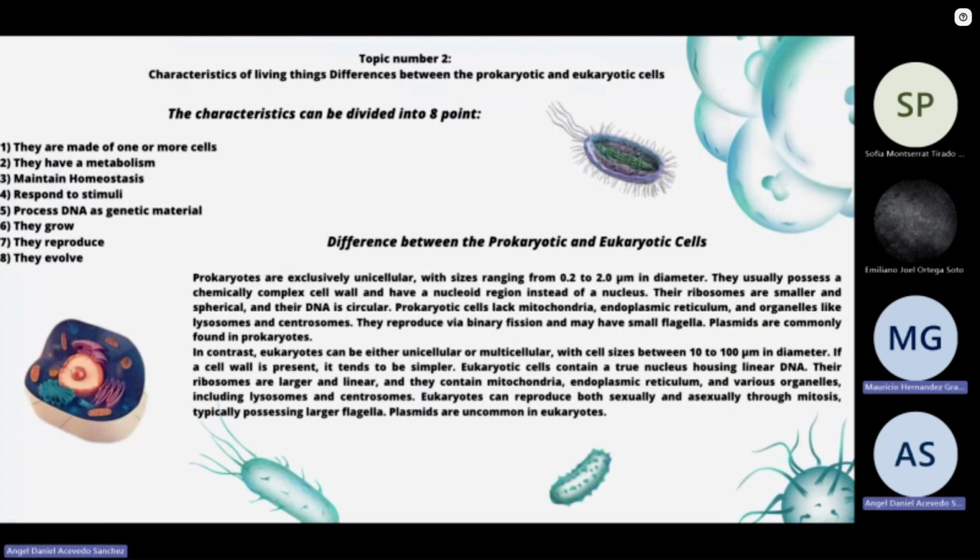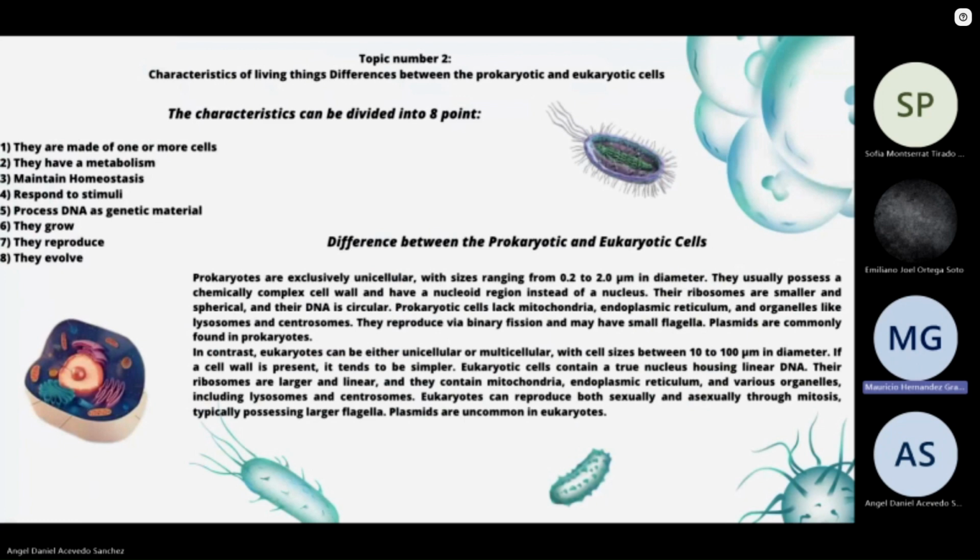Their ribosomes are smaller and spherical, and their DNA is circular. Prokaryotic cells lack mitochondria, endoplasmic reticulum, and organelles like lysosomes and centrosomes. They reproduce via binary fission and may have small flagella. Plasmids are commonly found in prokaryotes.